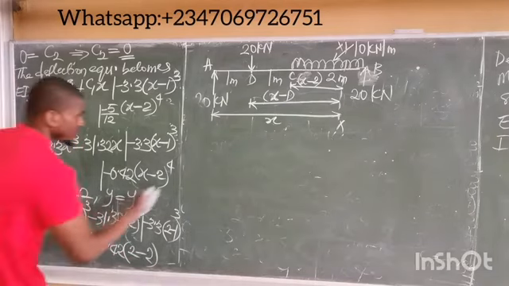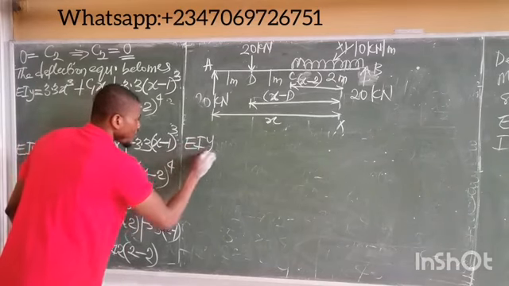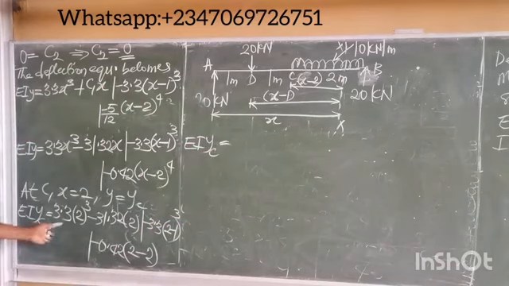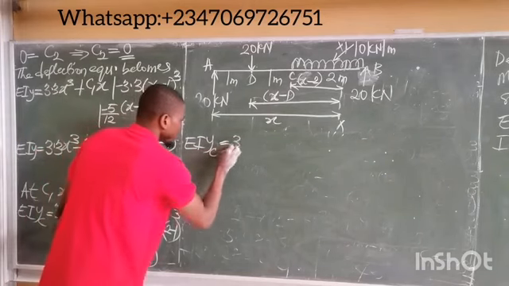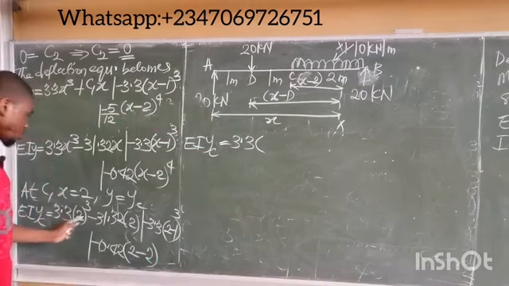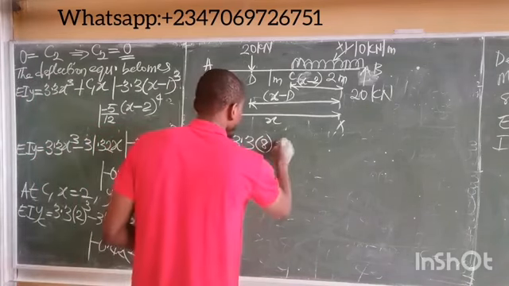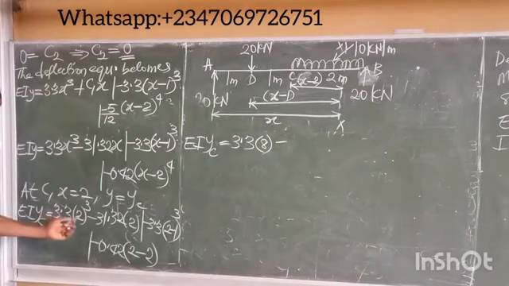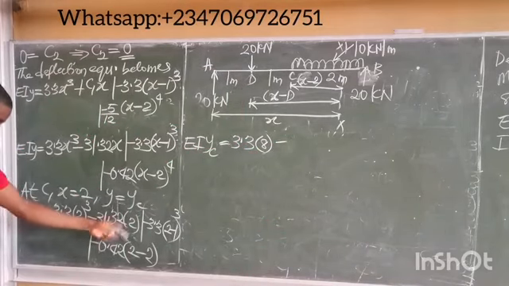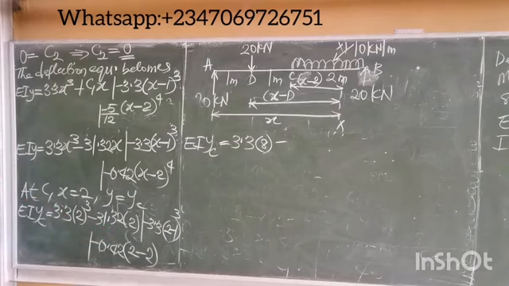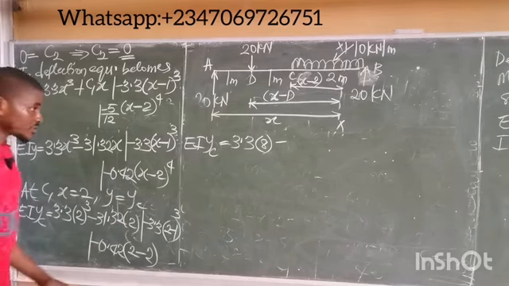So we simply have here EI yc is now equal to this 3.3, 2 to the power of 3 is simply 8, times 8. Minus here we have 31.32 multiplied by 2, that is 62.64.